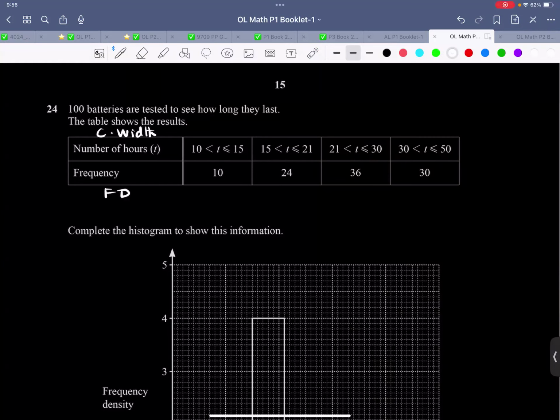That is also obvious, and it's written also. So 10 to 15 is 5, 15 to 21 is 6, 21 to 30 is 9, 30 to 50 is 20. Frequency density is frequency divided by class width. So 10 over 5 is 2, 36 over 6 is 6, 36 over 9 is 4, 30 over 20 is 1.5.